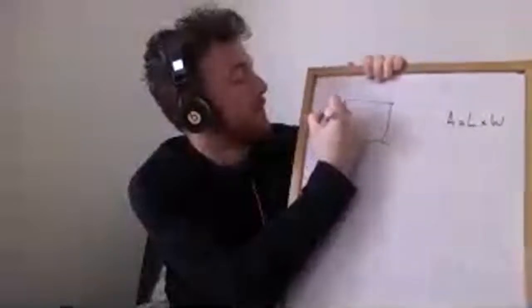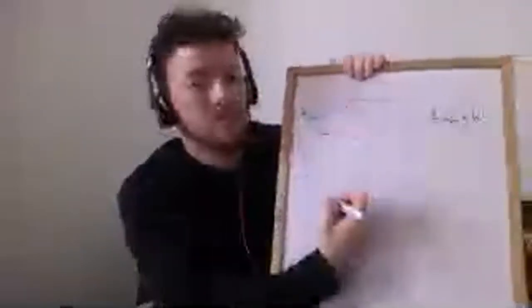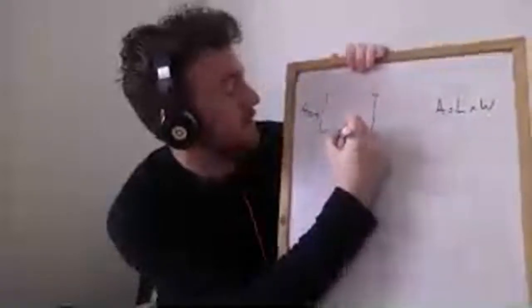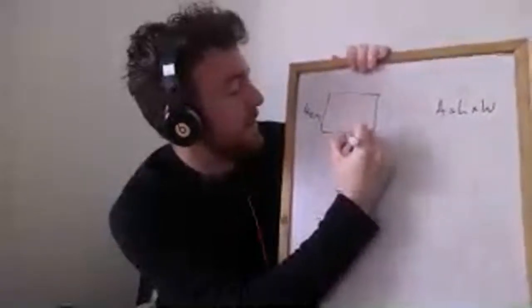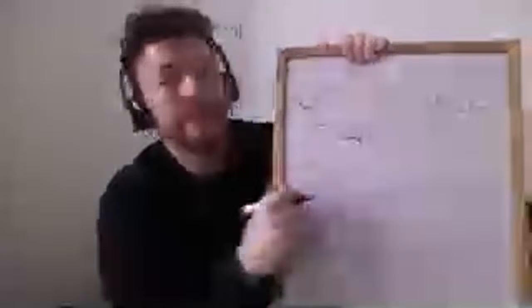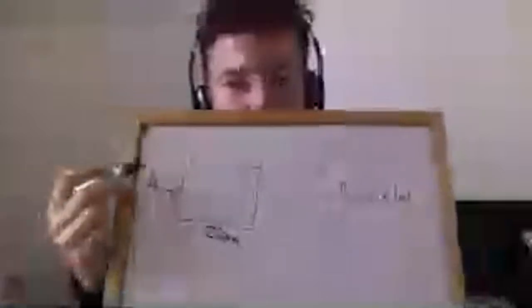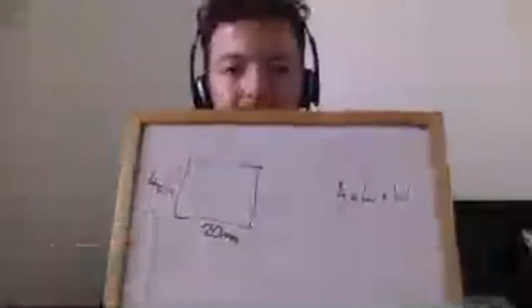So for an example, back to my regular shape, I should have done this at the start. If this was 4 centimeters, and then down here I had 20 millimeters. So if I took that, you've got a box that measures 4 centimeters by 20 millimeters.